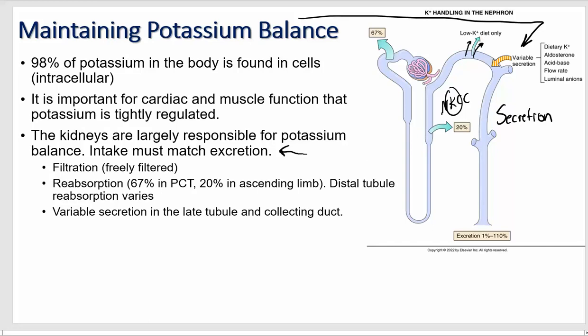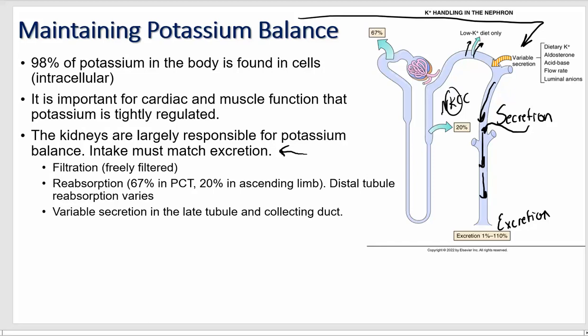So if we have high dietary potassium, remember aldosterone. We just saw in the previous slide that the activity of aldosterone is to put in more of those sodium transporters, which is going to move potassium back into the urine. Remember, secretion is going to lead to excretion. Secretion is from the blood back into the tubule.